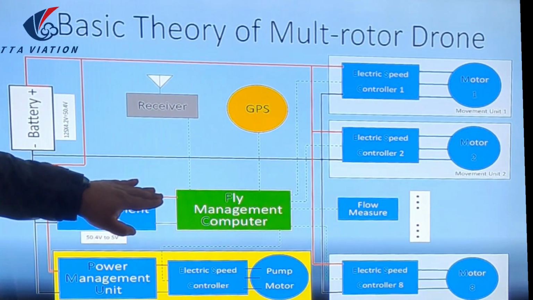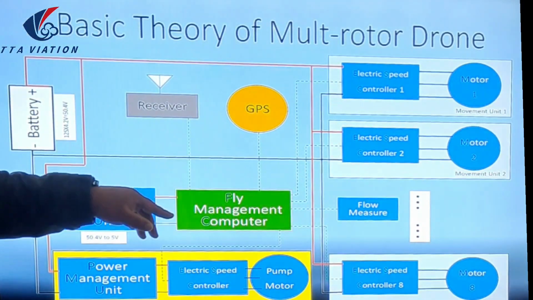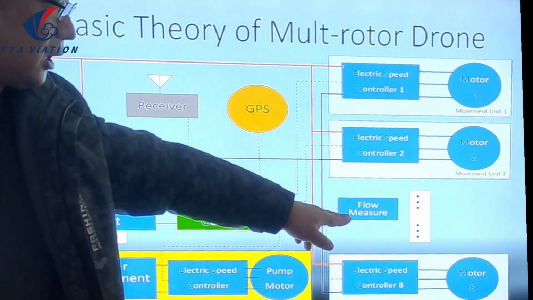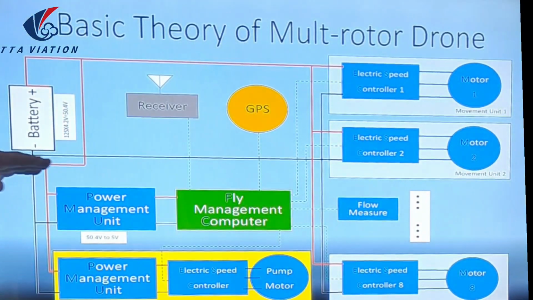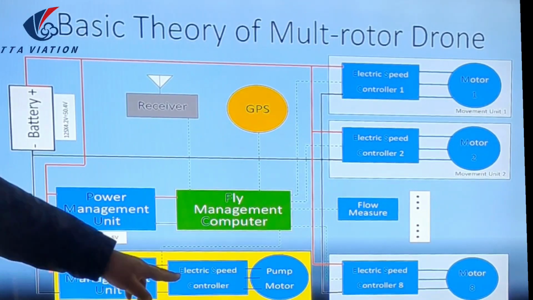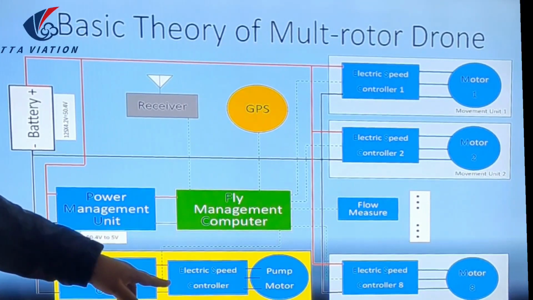And another function is to control other devices, like here, gathering the information from different sensors, like the flow measure, or we usually name it a flow meter, to know the water flow or liquid flow in the drone's pipe. All these units are controlled by this device to keep working.